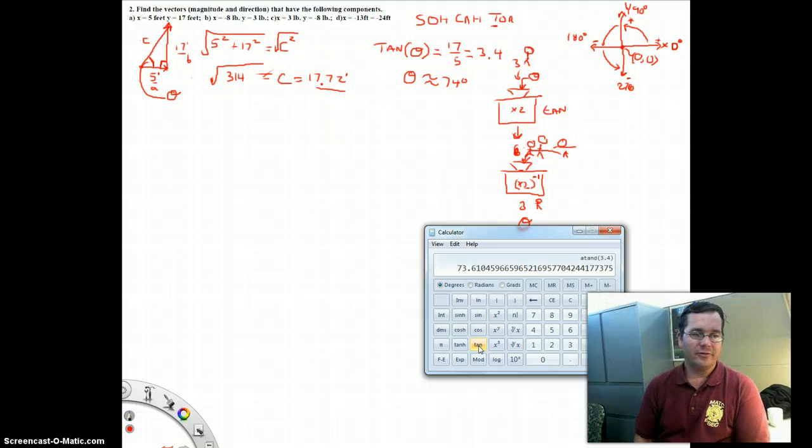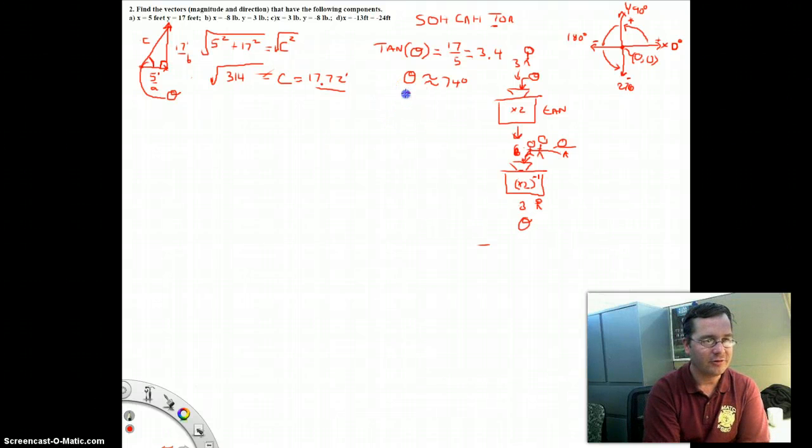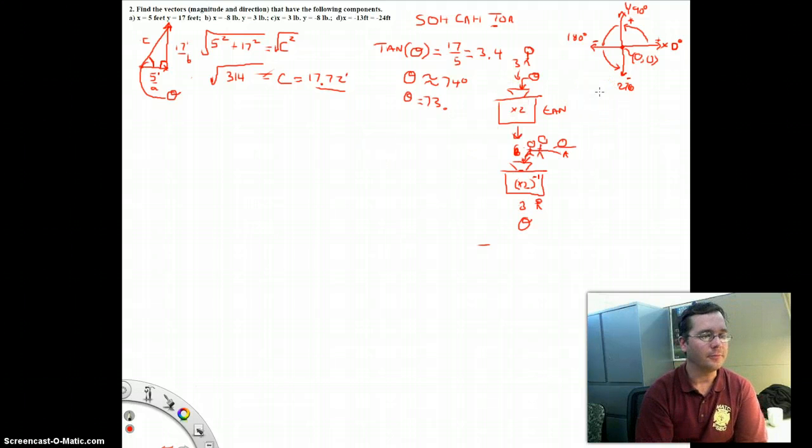So you'll notice that by looking in our trig table, we had predicted about 74 degrees, and you can see that the calculator agrees with this. If we did a precise calculation, theta is equal to 73 point, we'll round at 2 decimal points here, 73 and change degrees. My calculator doesn't want to load.